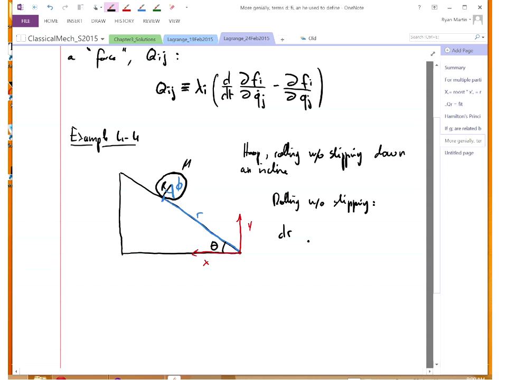So it's really a constraint equation that you would have to write as d lowercase r equals capital R d phi. And that's integrated trivially to be lowercase r equals capital R phi. And then we'll say that phi equals 0 at r equals 0. Otherwise, there'll be a constant term in there.